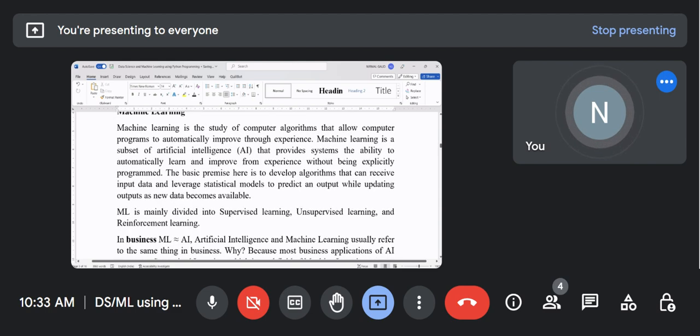Okay, so this is a general summary of artificial intelligence. Next is machine learning. As I already told, it is a subset of artificial intelligence, and it provides the system an ability. So if someone asks you what is machine learning, you tell them AI is making a machine intelligent, and intelligence is decision making power.